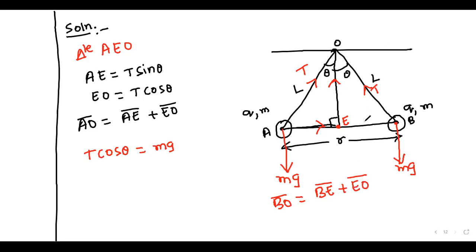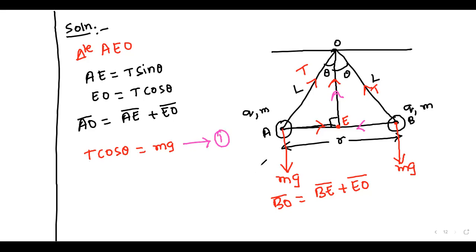If you want to write it combined, 2T cos theta equals 2mg. Here I have taken T cos theta equal to mg for individual particles. If I take both particles together, 2T cos theta equals 2mg. Anyway, we get T cos theta equal to mg only. T cos theta equals mg is called equation 1.